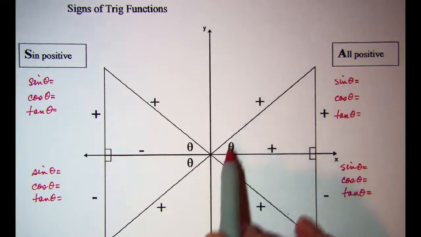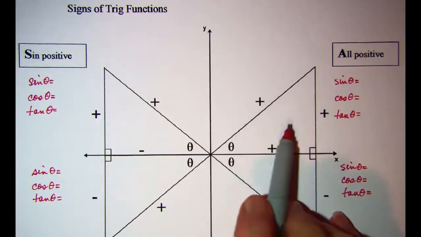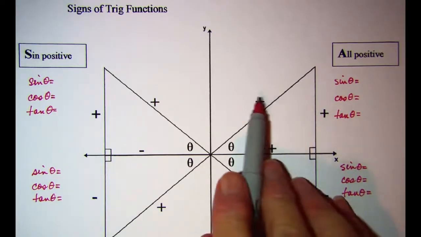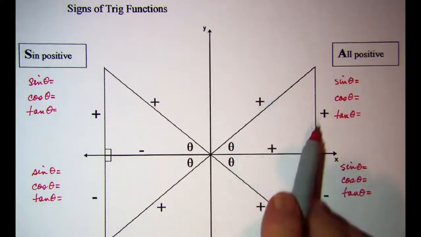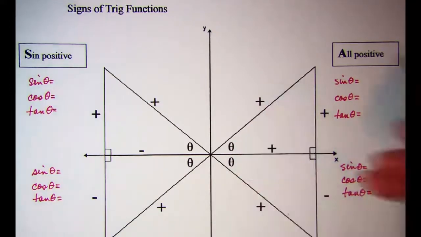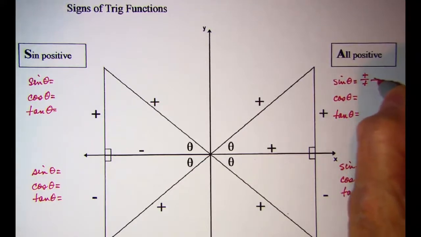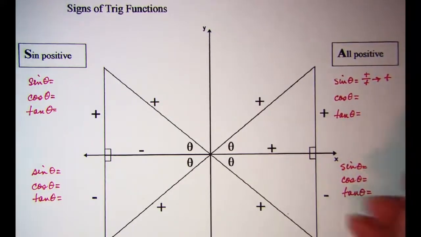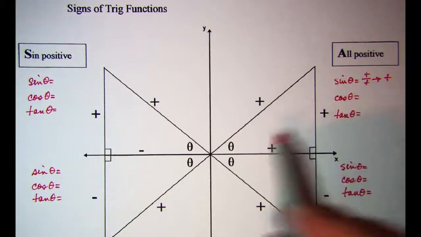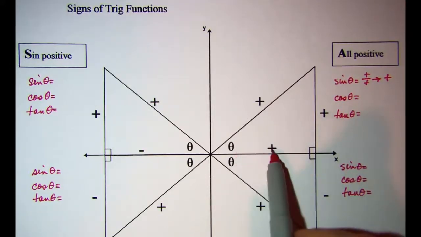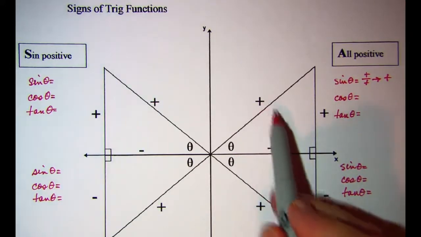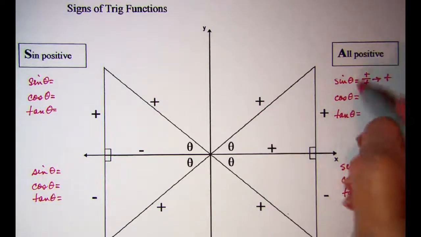So our sine of theta, remember sine is opposite over hypotenuse, so we have a positive over a positive, which is positive. Our cosine is defined as adjacent over hypotenuse, so positive divided by positive.